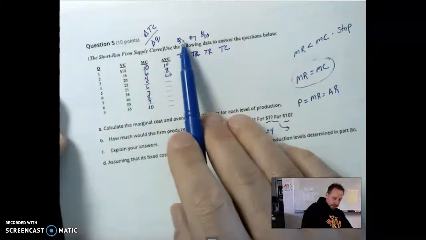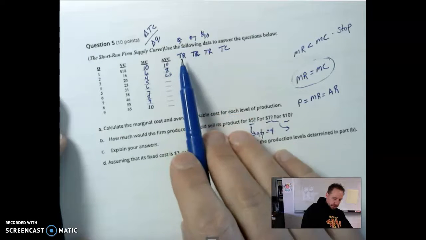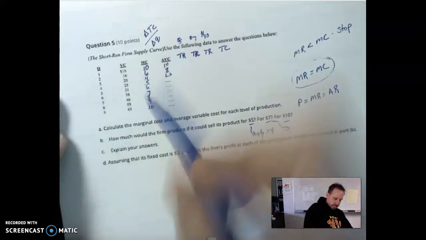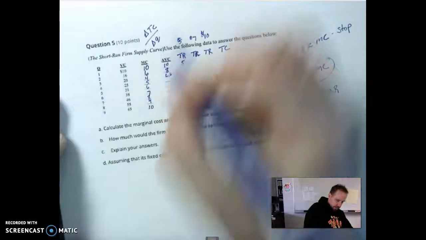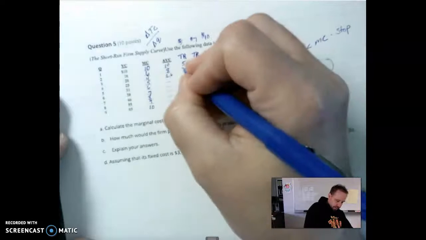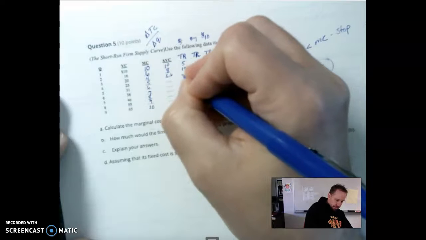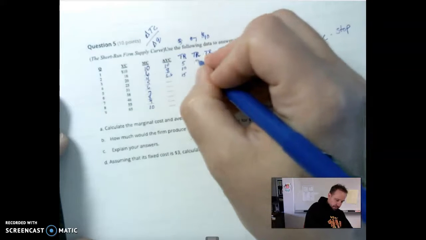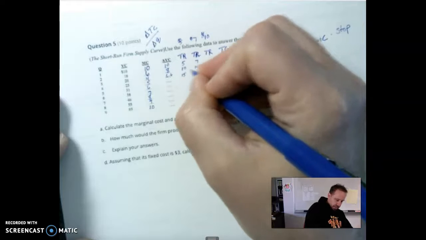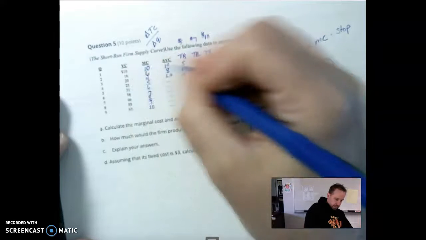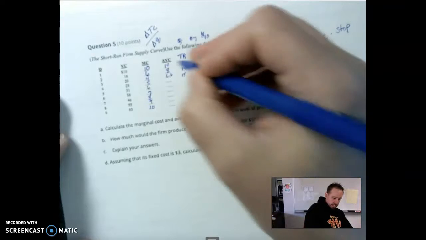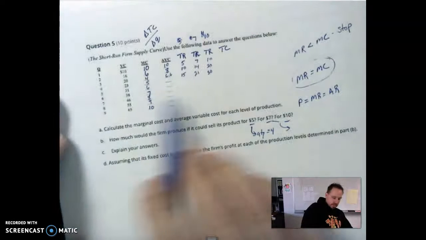So if you go through here, we'll just do 1. At $5, our total revenue is 1 times 5, 2 times 5, and you can just go, increasing by 5s, 15, and on down the line. Now you increase by 7, so 7, 14, and 21, and on down, 10, 20, 30, and now you can go through and fill these all out.